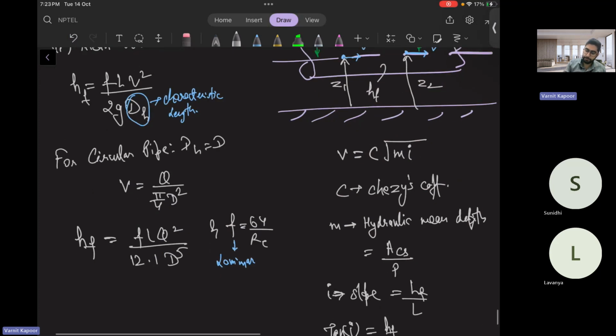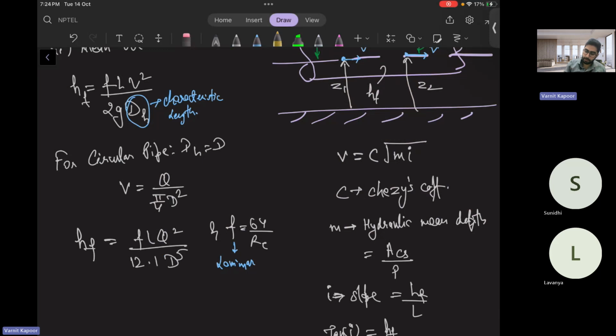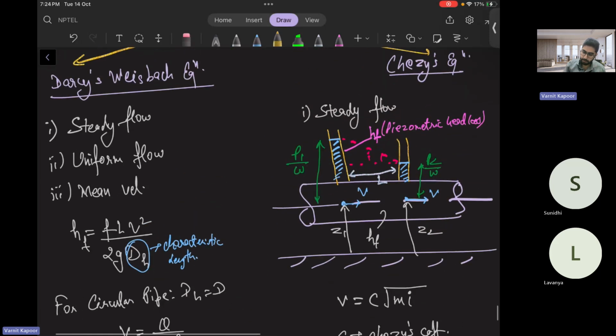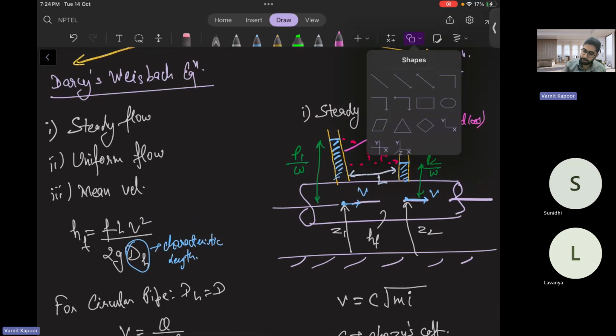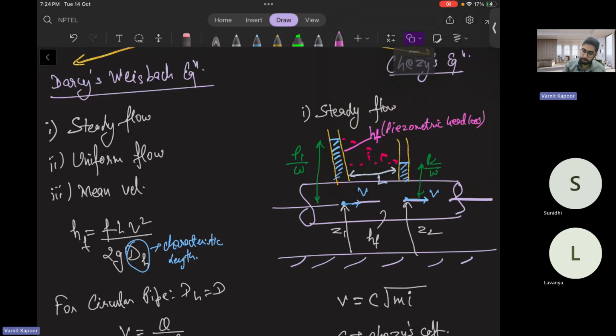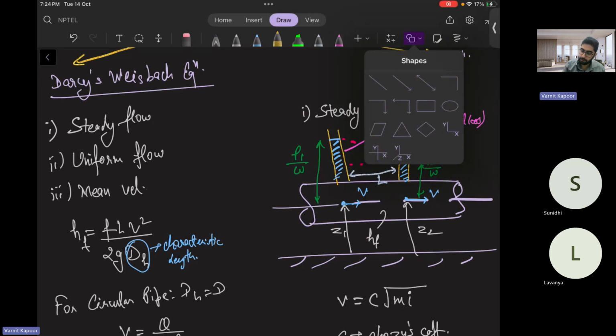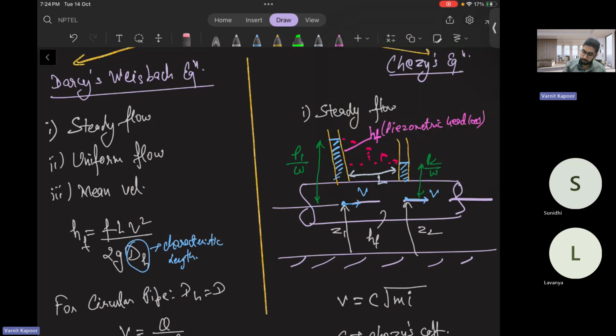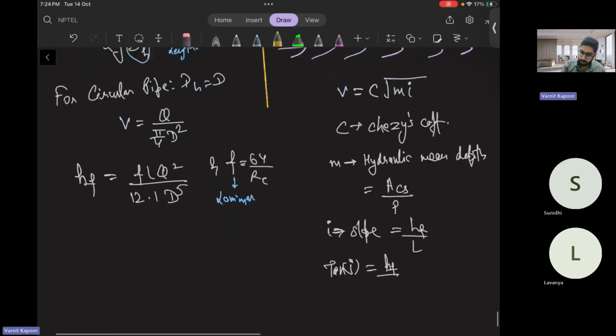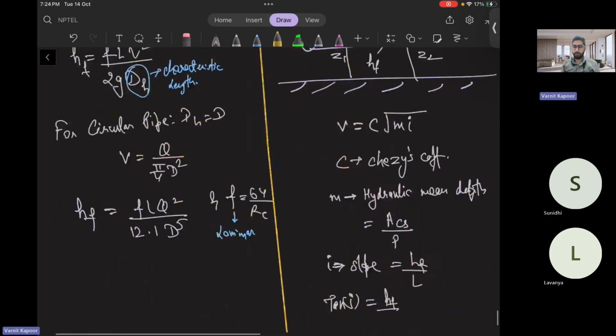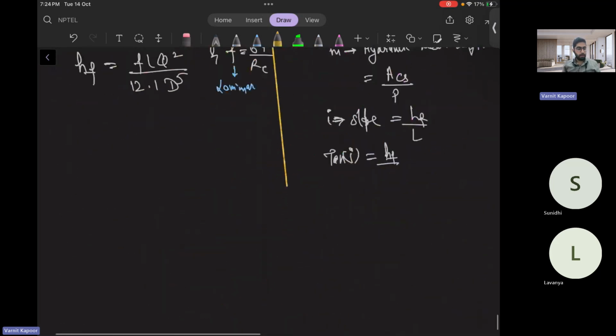that has happened between them. Great. So I've written the relations for the major losses.